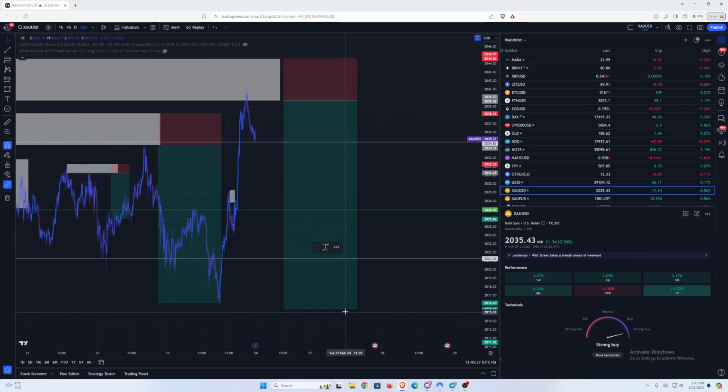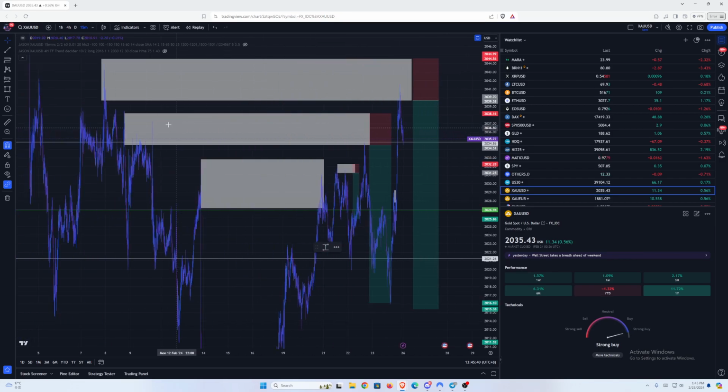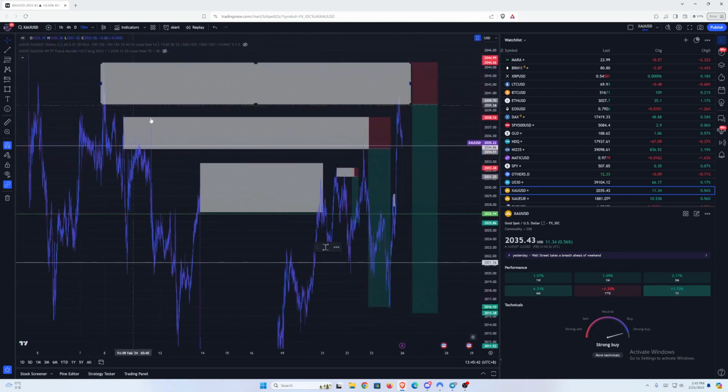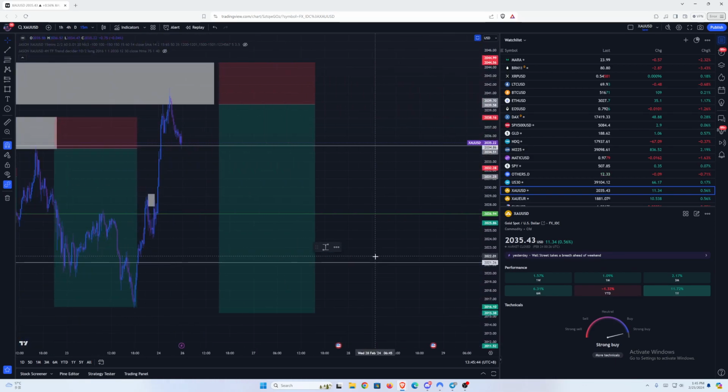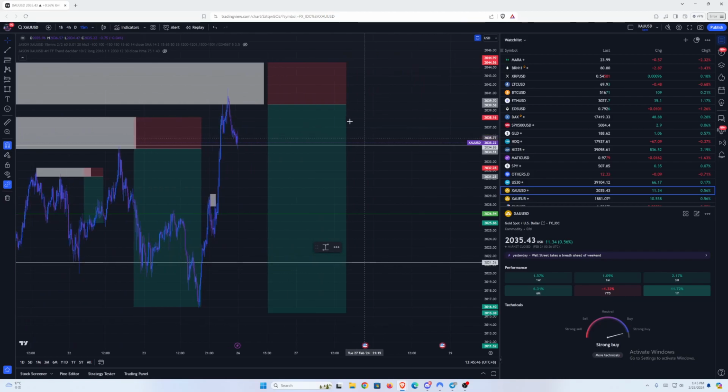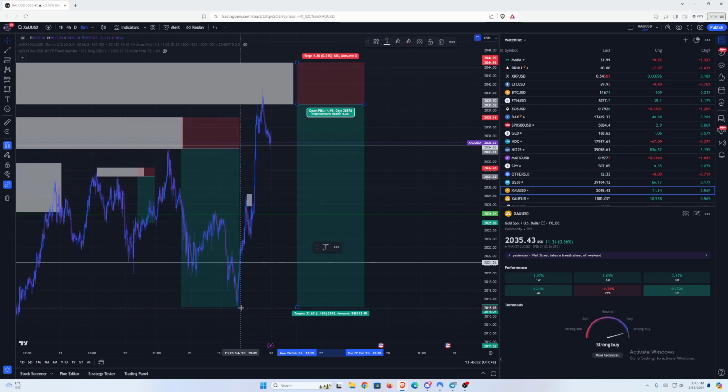So this is what you're looking for. And of course, if price came to this level, you can take profit in here. This is after all a liquidity level where you want to take profit.